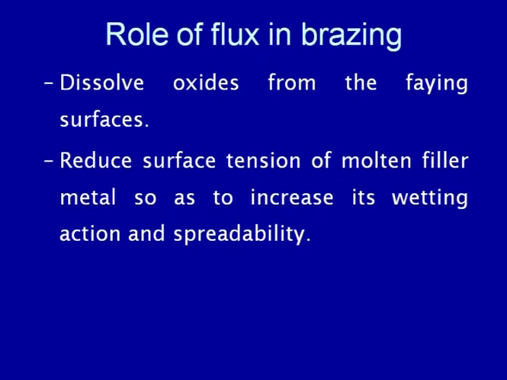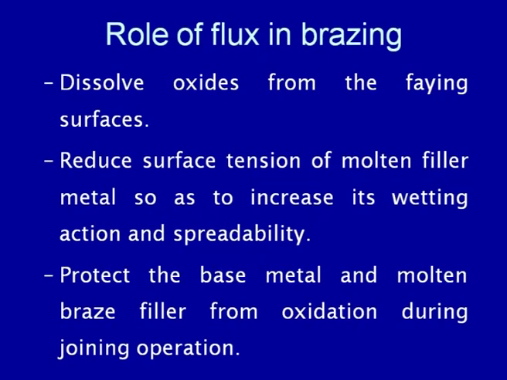So, when the fluxes are present and the filler material is heated, on melting, the fluxes help in reducing the surface tension of the molten filler material, which in turn improves the wetting action and increases the spreadability, or the ease by which the molten filler material can distribute between the fixed surfaces. Further, it protects the base metal and the molten brazing filler metal from further oxidation by atmospheric gases during the joining operation.